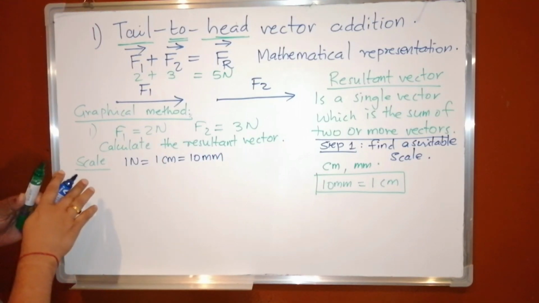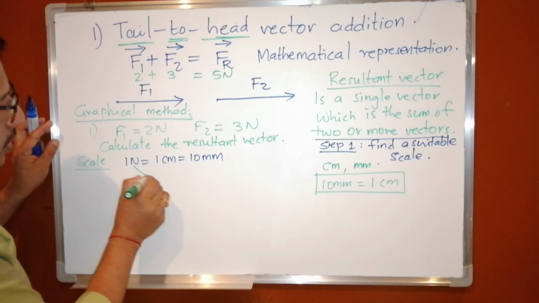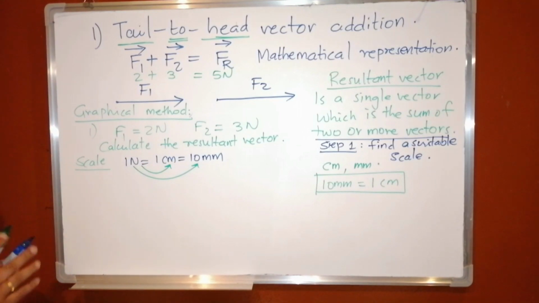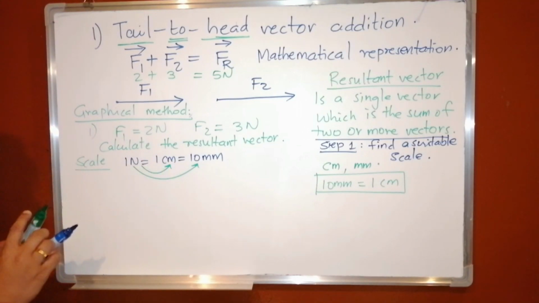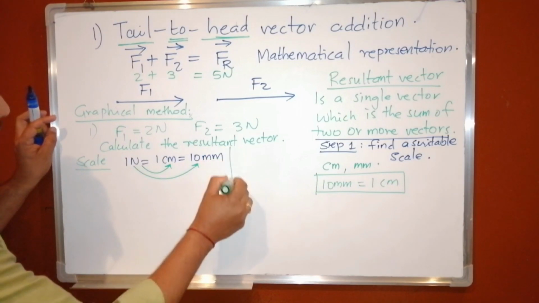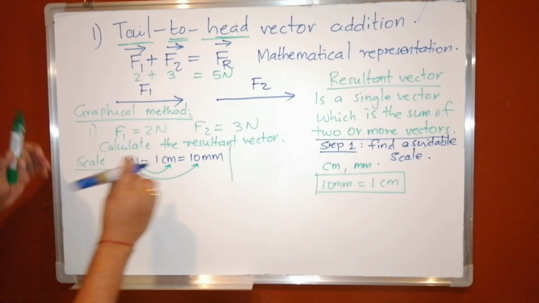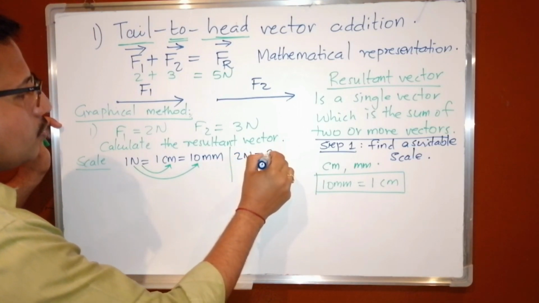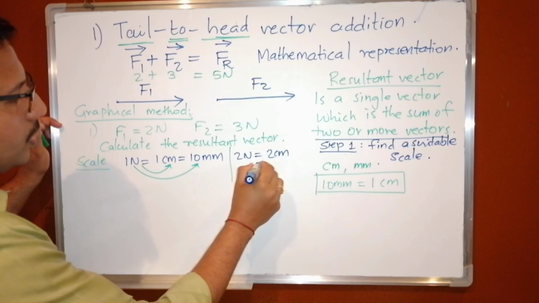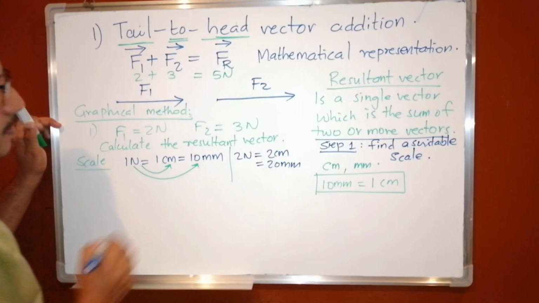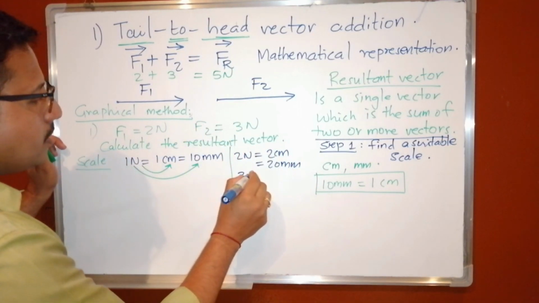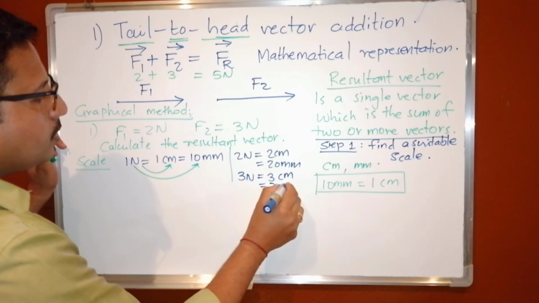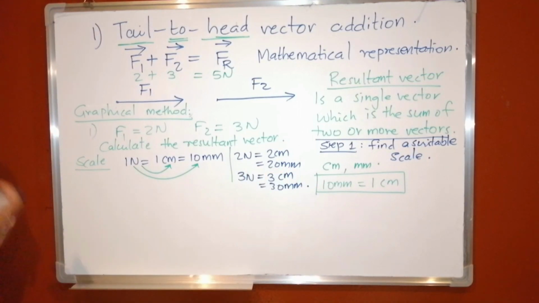If you take that scale, your 2 Newton is equal to 2 centimeters or 20 millimeters. Then your 3 Newton is equal to 3 centimeters, or 30 millimeters. That's the scale we're going to use.